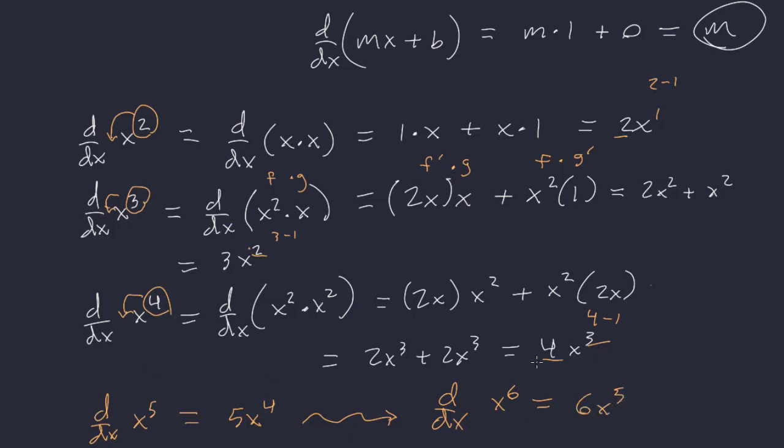If we use the product rule, we can show that this is true. And we can do this for basically any power that we want. Now, we've only done positive powers here. Okay. Let's look at some fractional powers and see if it still holds up.